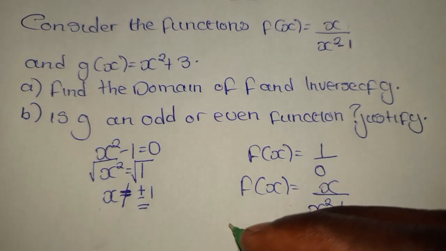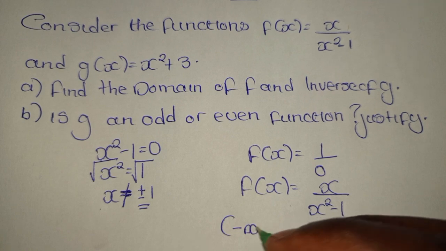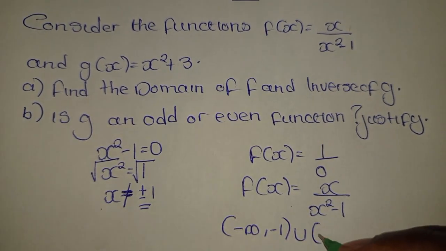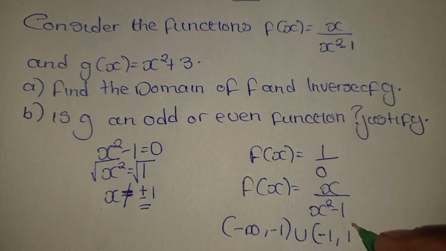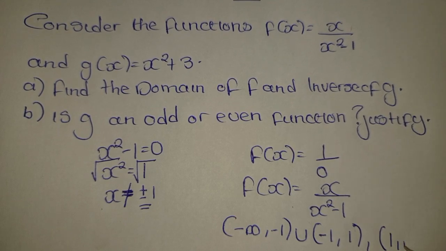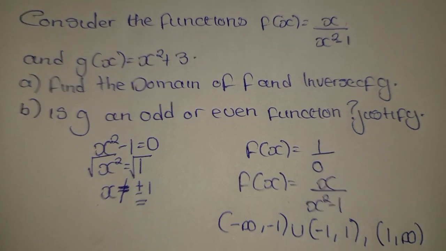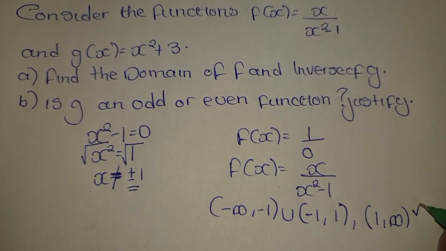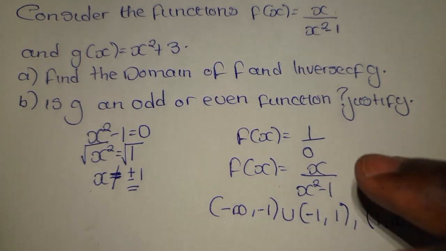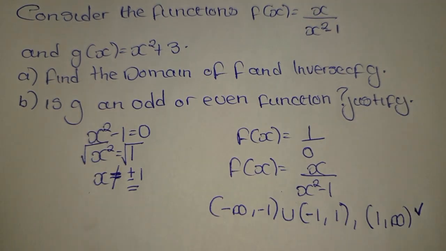My domain will be all the way from negative infinity to negative 1, union, between negative 1 and 1 you have numbers, and from 1 all the way to positive infinity. So this is my domain. These are the numbers that will make this function defined.